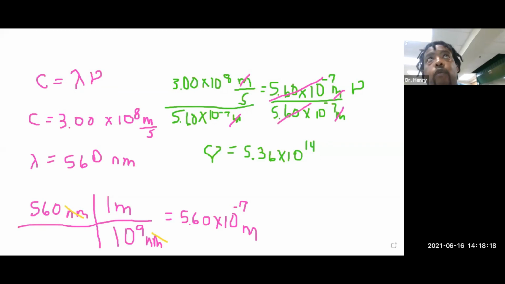So I'm going to have the units of 1/seconds left over. That's an S for seconds. Okay, so 1/seconds also means hertz, which the symbol for hertz is Hz.